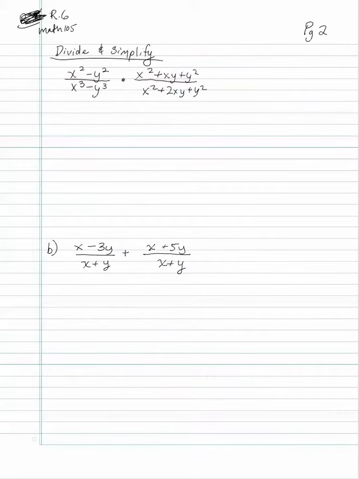Okay, so to divide rational expressions, oops, should have been divide. What you do is you change divide to times, and you flip that second fraction, or the fraction immediately following the division. Remember, divide is multiplied by the reciprocal. So we flip that one over.